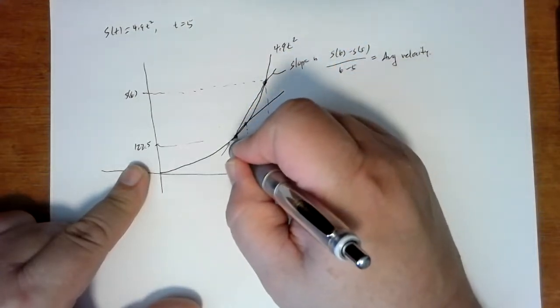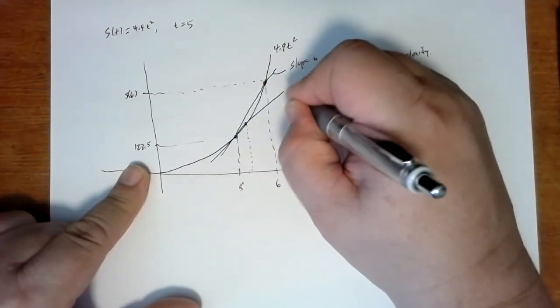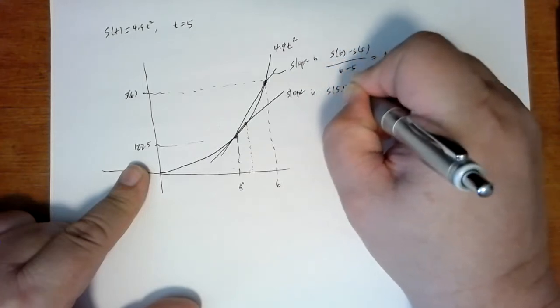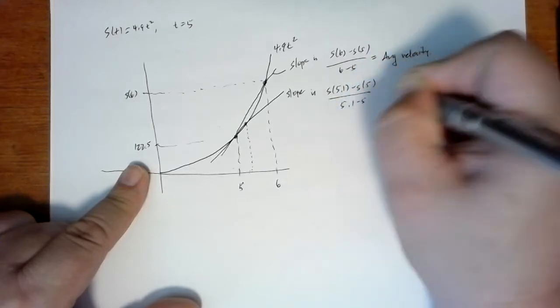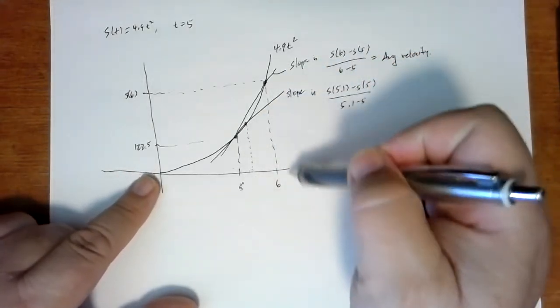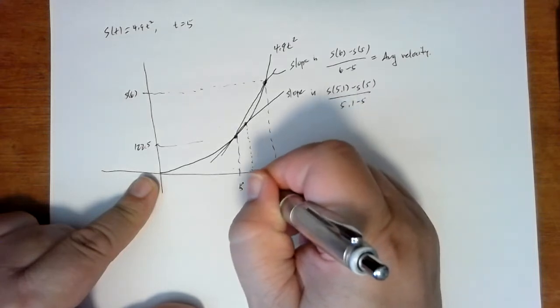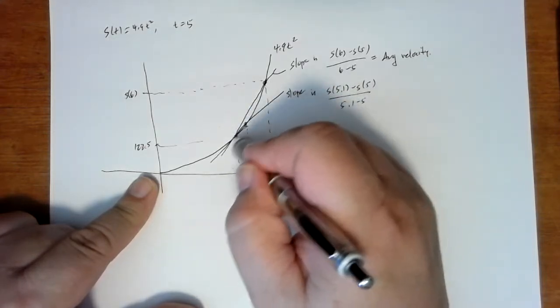Oops, that's kind of bending. Sorry about that. But the slope is s of 5.1 minus s of 5 divided by 5.1 minus 5. And so what we were doing then is we can think of our x's as decreasing to 5, and we're computing the slope between the 2 points.